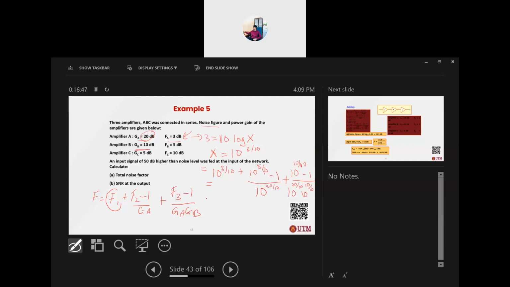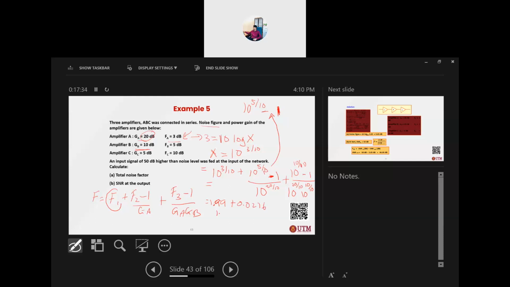What is the first value? 1.99. The second value, 10 to the power of 5 over 10 minus 1 over 10 to the power of 2? Sorry if it's not clear, I write it more clearly here, because my laptop is slow since I'm recording. 0.0216.